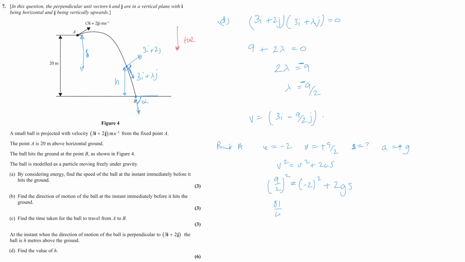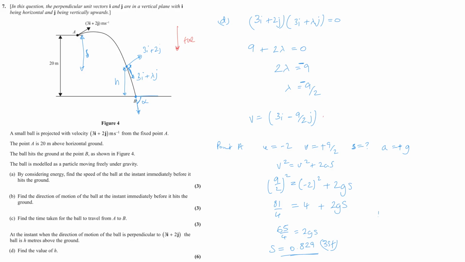So 81 over 4 equals 4 plus 2gs. 81 over 4 minus 4 is 65 over 4. So s equals, divide that by 2, divide by 9.8. s equals 0.829 to 3 significant figures there.